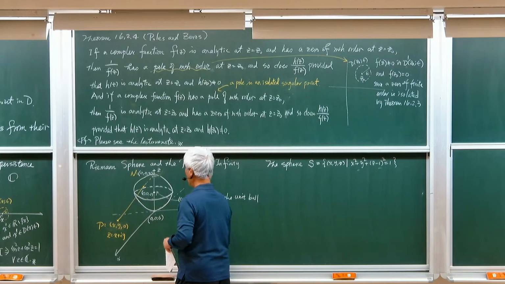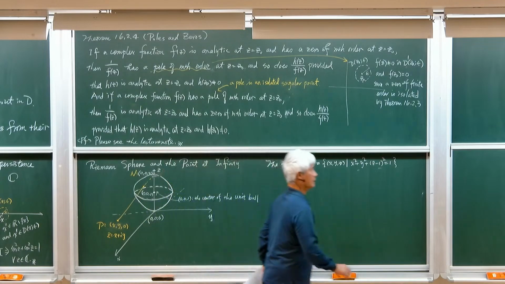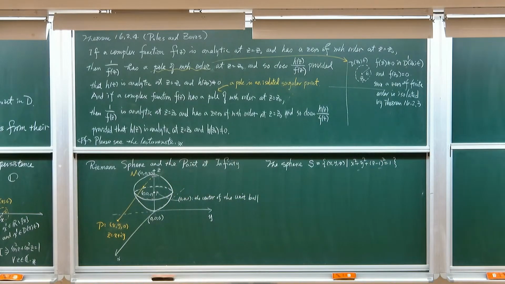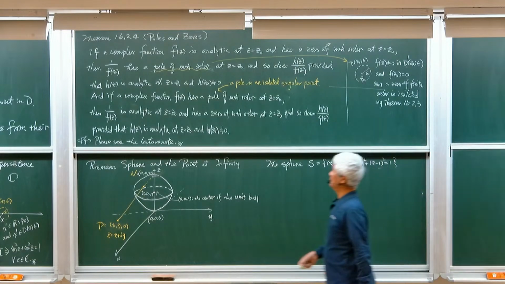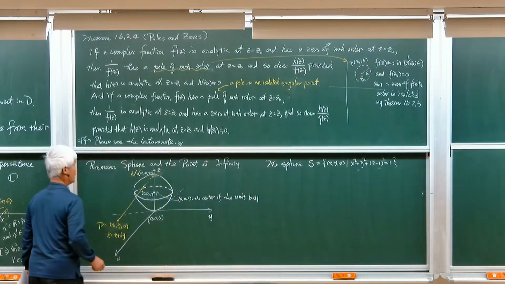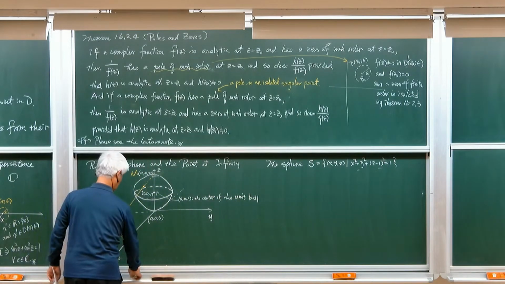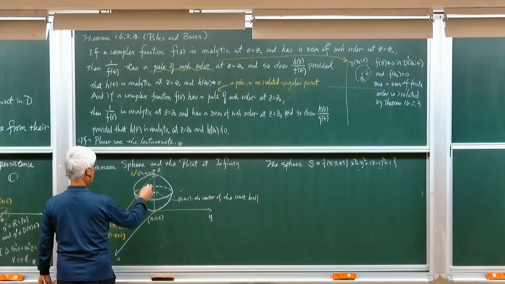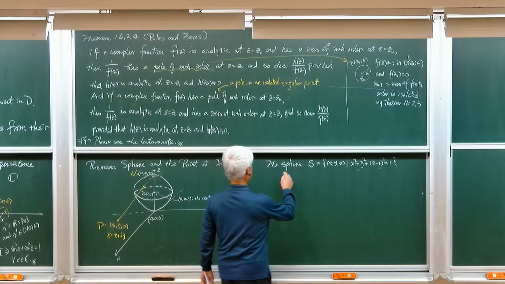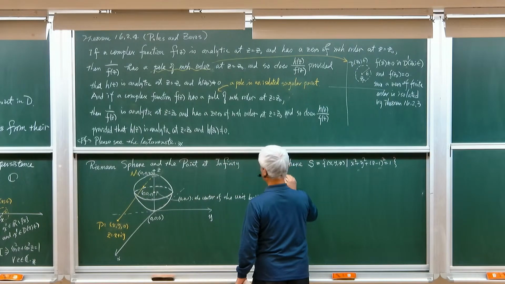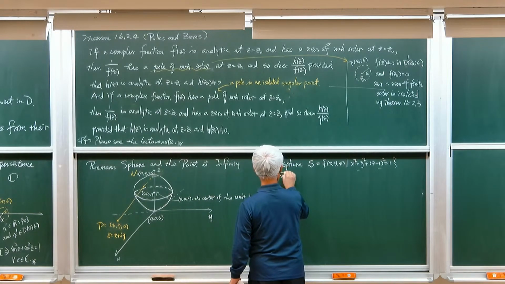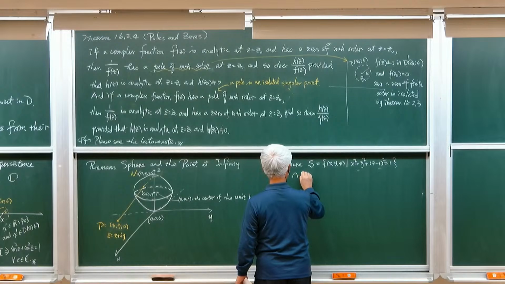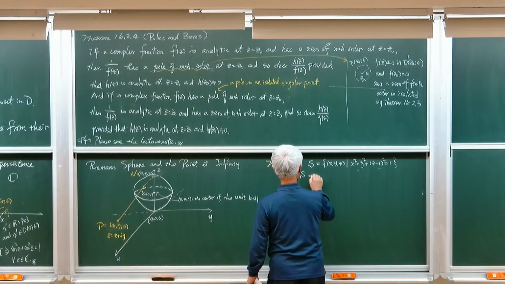Now the line through the north pole and the point here will intersect the sphere, and this one is P star.